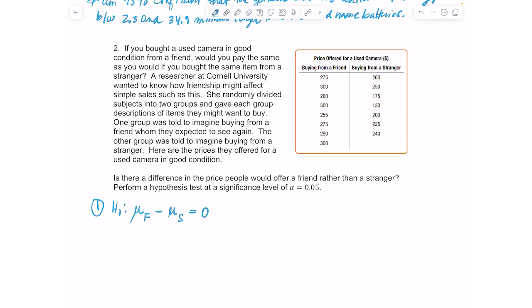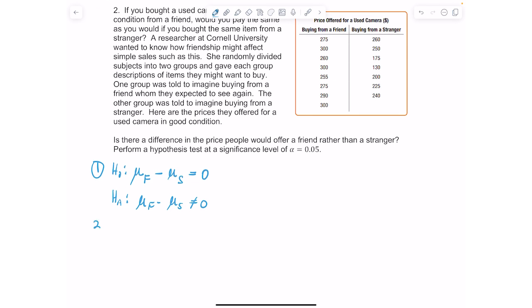The null would say there's zero difference, and the alternative would say there is a difference, so it's going to be not equal to 0. Okay, we said our conditions are okay, so it's okay to use a 2-sample t-test.